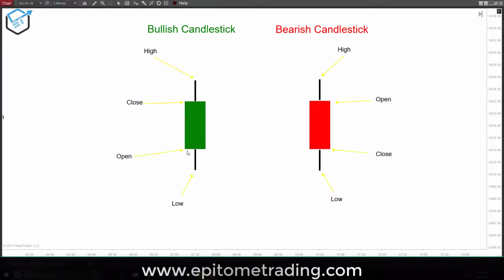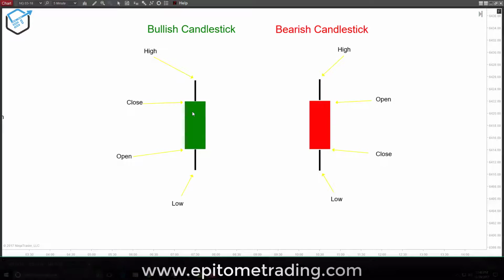So when we look at this candle, if the opening price is, and we'll just make it up, well, we can look right here, 64.14, and the closing price is roughly 64.22, well, then we know that price moved upward during this period, which would mean a bullish candle.